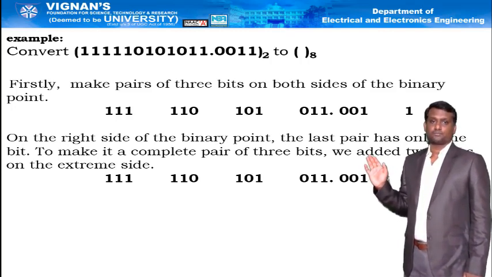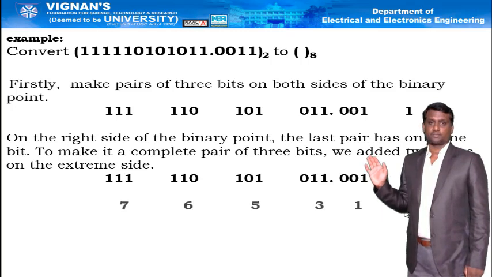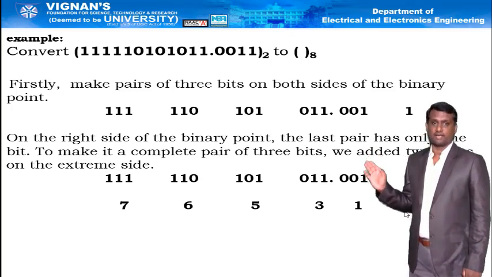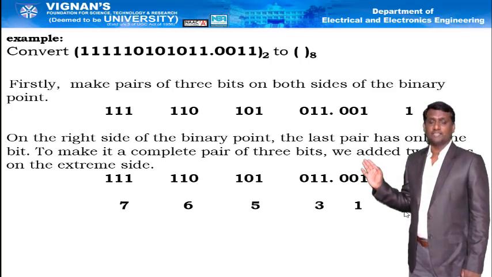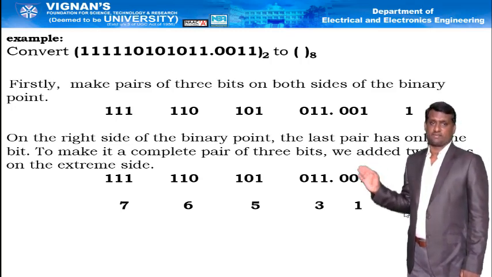So now group each individual 3-bit number and convert it to its equivalent octal number. The first group 011 has the equivalent octal number 3. Similarly 101, equivalent octal number is 5. 110, equivalent octal is 6. 111, equivalent octal is 7.